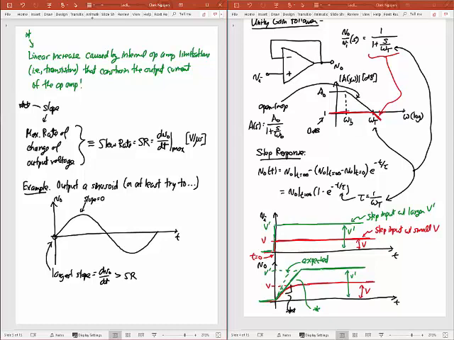If that's greater than my slew rate, then what's really going to happen, even though this is what the output is supposed to do, what's going to happen is, say my slew rate is such that that's the fastest I could go, my output's going to go like this. Okay? And then I'm going to hit this point here.